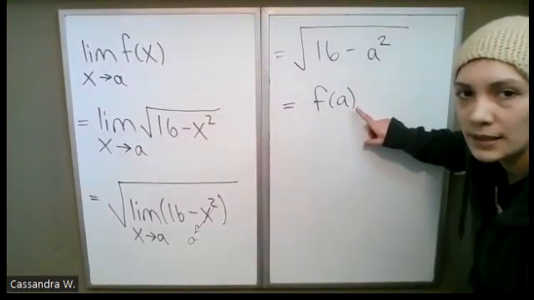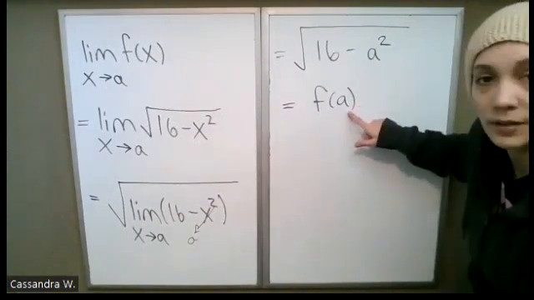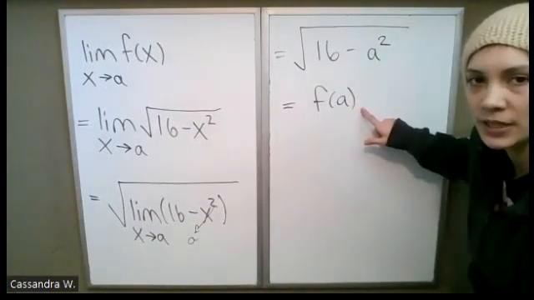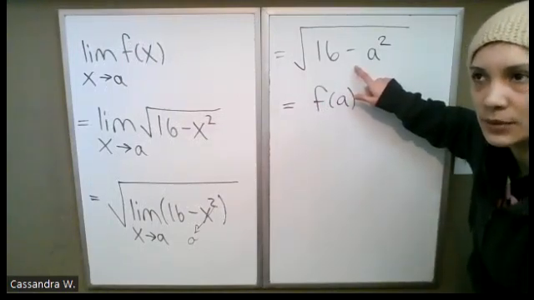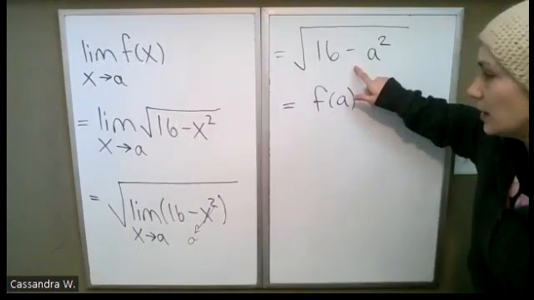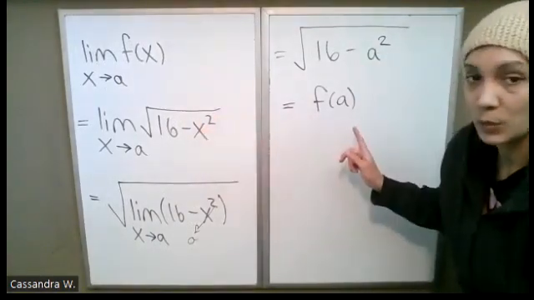So just to be clear, let's say you started with f of a, it means put a into that function f, and you would get this, the root of 16 minus a squared. Okay, so we've shown that the function is continuous on that open interval.